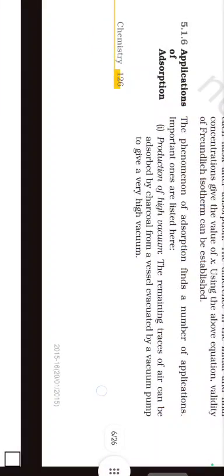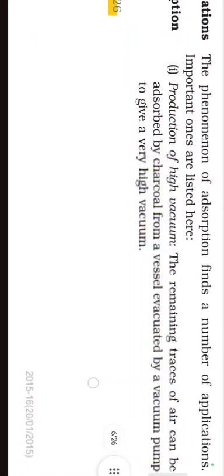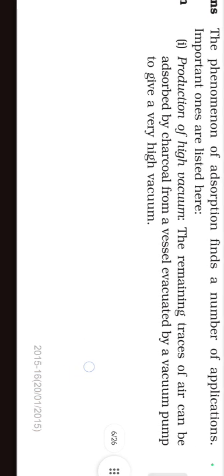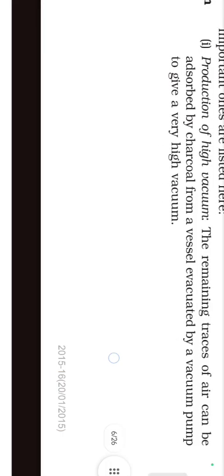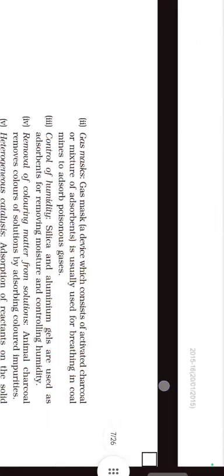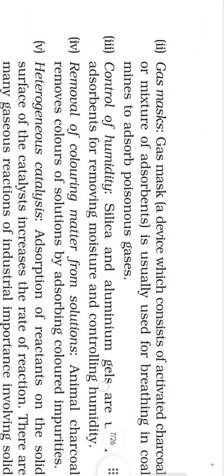Application of adsorption. The phenomenon of adsorption finds a number of applications. Important ones are listed here. First, production of high vacuum. The remaining traces of air can be adsorbed by charcoal from a vessel evacuated by the vacuum pump to give a very high vacuum. Second, gas mask.